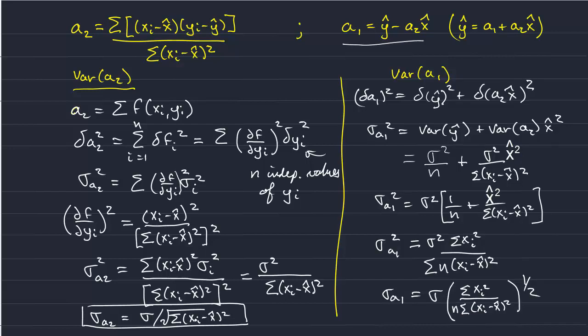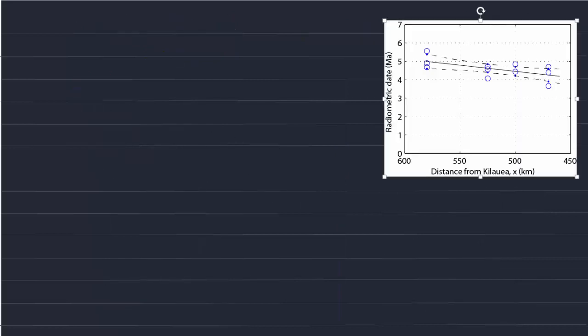So now it turns out that we can write these solutions in matrix form as the variance of our model parameters, and this turns out to be a matrix.